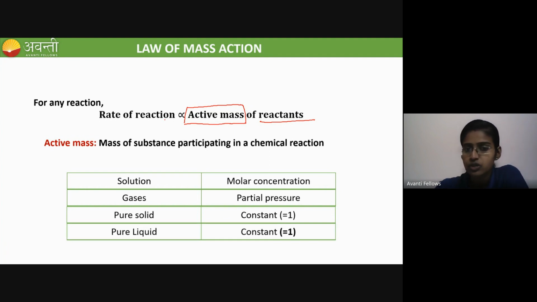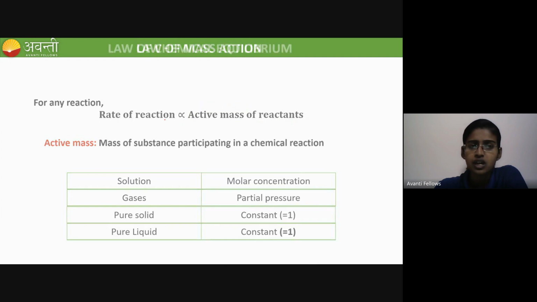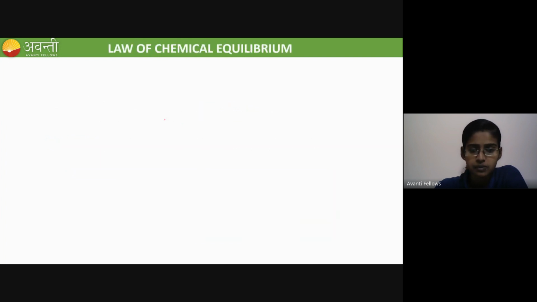So for solutions concentration, for gases pressure, and for pure solids and liquids the active mass is equal to 1. The rate, meaning the speed of the reaction, depends on the active mass of the reactants in our reaction. Now coming to the law of chemical equilibrium.